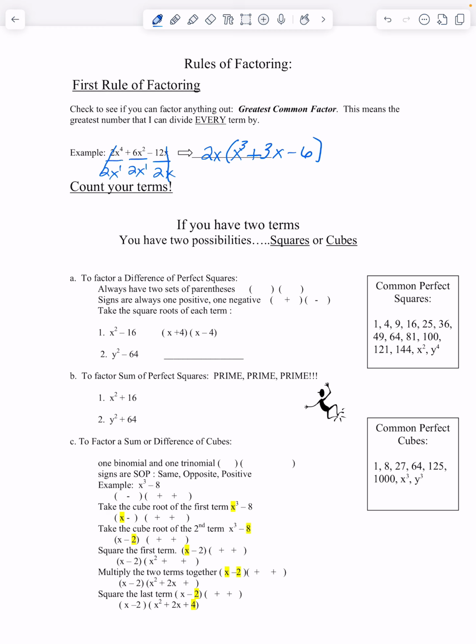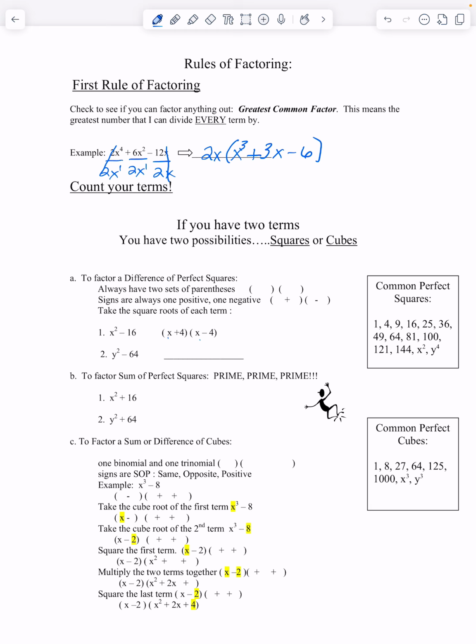Look at the rules to factor a difference of perfect squares. You always start out with 2 sets of parentheses. Then the signs for factoring a difference of perfect squares are 1 positive and 1 negative. And we're going to take the square roots of each term. In other words, the first term is x squared. What did I have to square to get x squared? X times x.